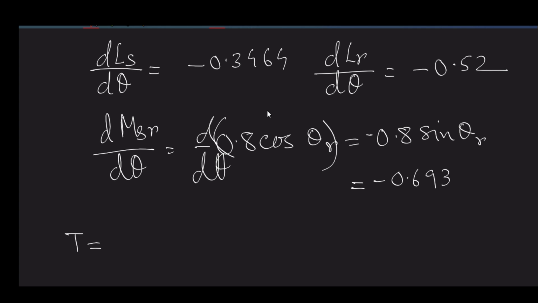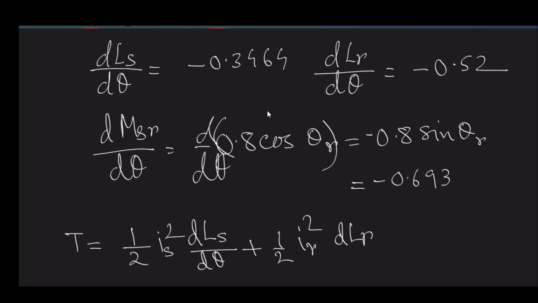So here it is half I S square dLS by d theta plus half I R square dLR by d theta plus I S I R dLSR by d theta. If you evaluate this, you will get the value that will give you something.